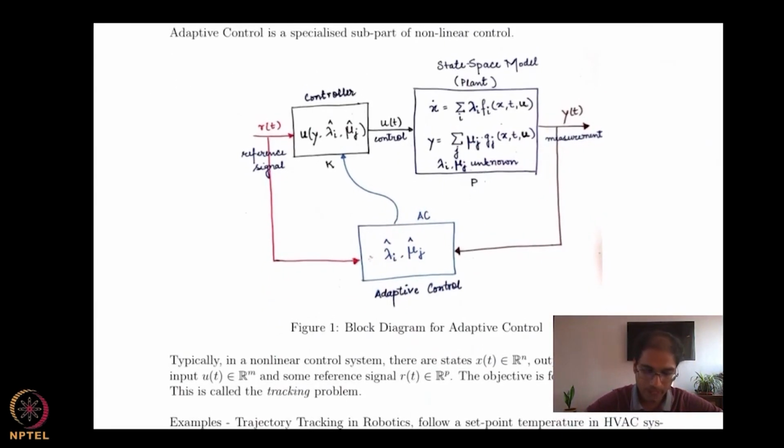Adaptive control, as is mentioned here, is a rather specialized sub part of nonlinear control. Usually there is a need for adaptation because a lot of parameters of our systems, typical nonlinear systems, are unknown. A lot of our examples, at least in this course, will come from aeromechanical systems like quadrotors, robots, satellites, and so on.